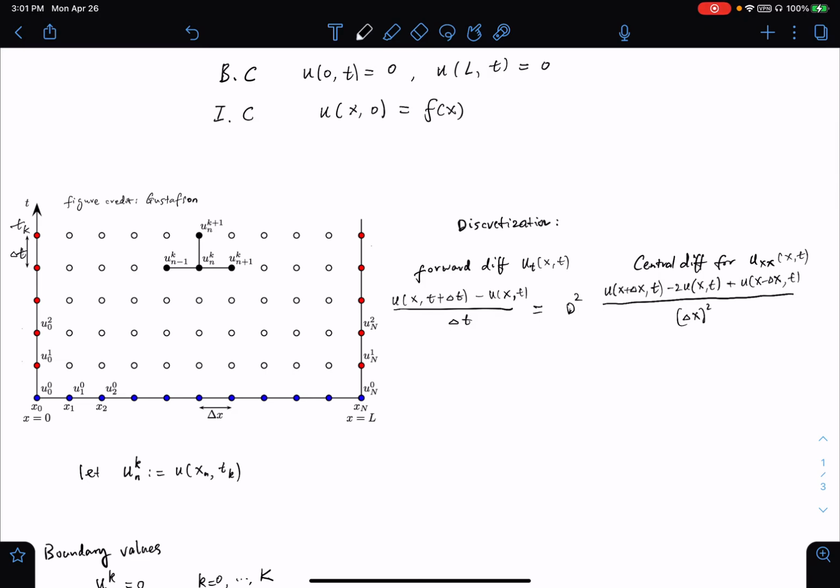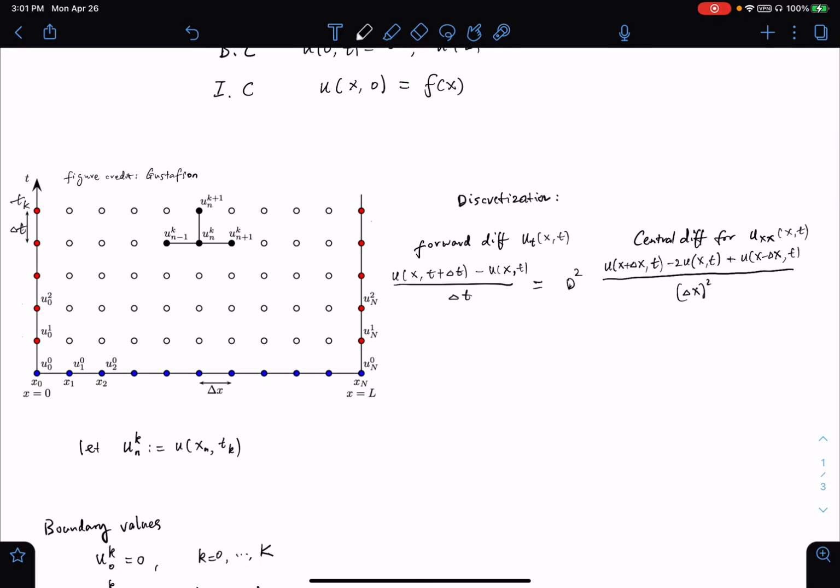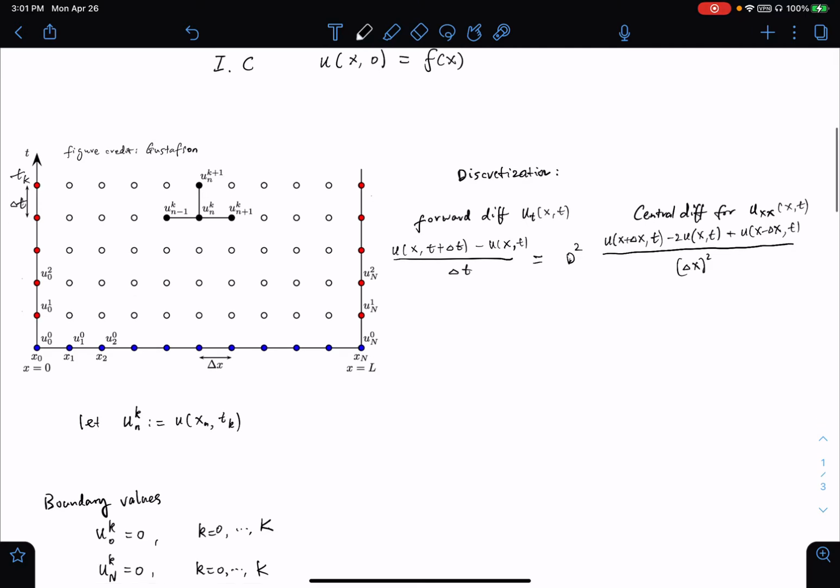Let us do some algebra and form the relation between u(x, t plus delta t) and all the other terms. Here we have u(x, t), let us copy it here.